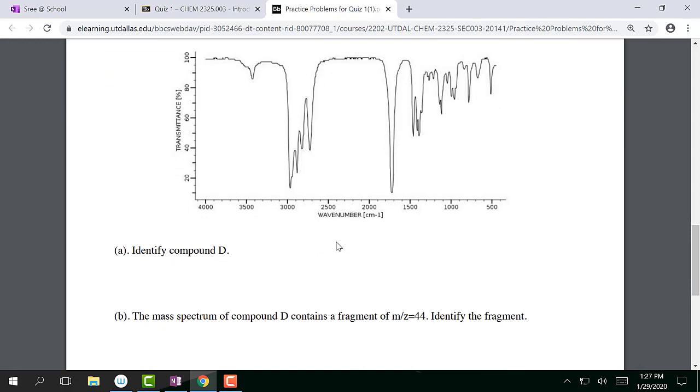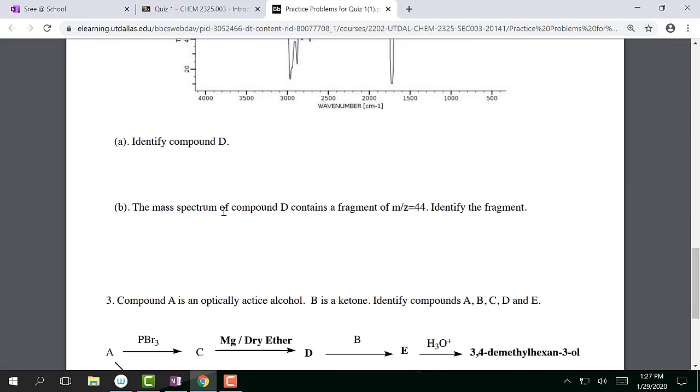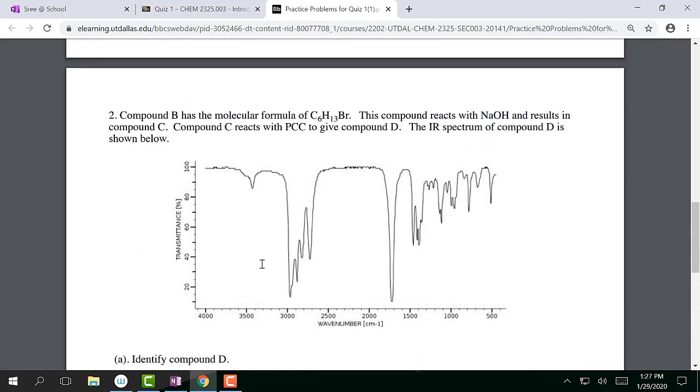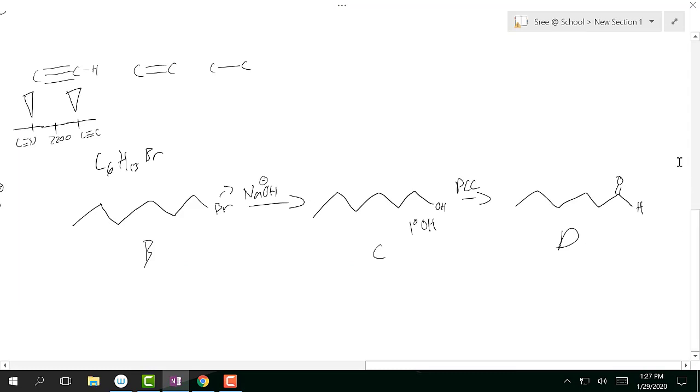Okay. So it says the mass spec of compound D has a fragment of 44. Okay, so identify the fragment. So 44, they didn't tell you the total weight of this, so you can either calculate that and then subtract 44 and get your answer, or you can just add up 44 in terms of atoms.